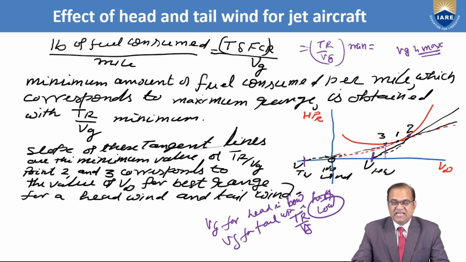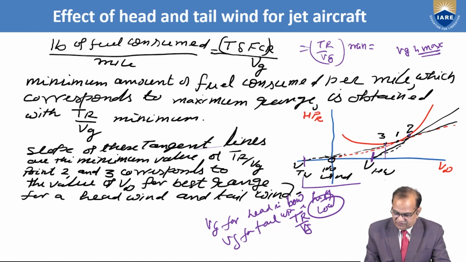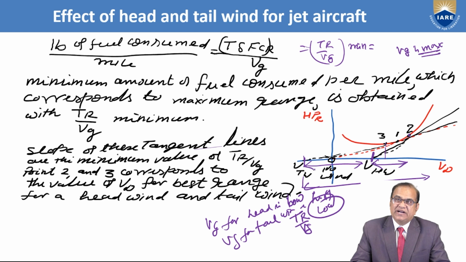For the tailwind condition, Vg is high as shown here. This is the Vg from here to here, and for here from here to here, this is the Vg. So this much difference is added on the tailwind, which gives the better fuel consumption properties.